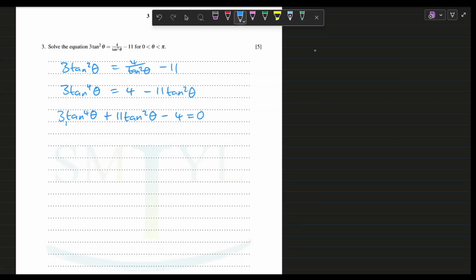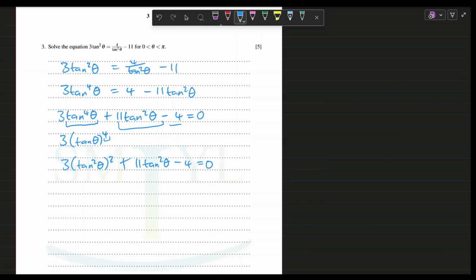We can rewrite tan to the 4 theta as tan theta to the power of 4, which is the same as tan squared theta squared, because 2 times 2 gives you this 4 here. So 3 (tan squared theta) squared, plus our 11 tan squared theta, minus 4 is equal to 0.